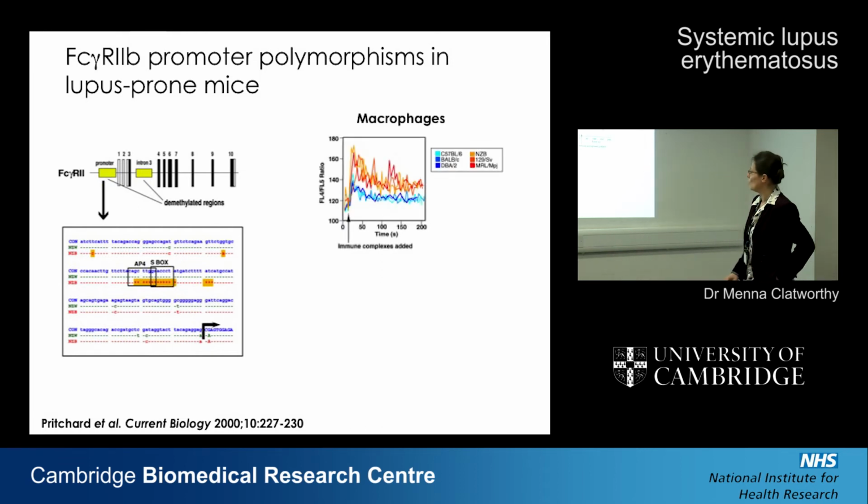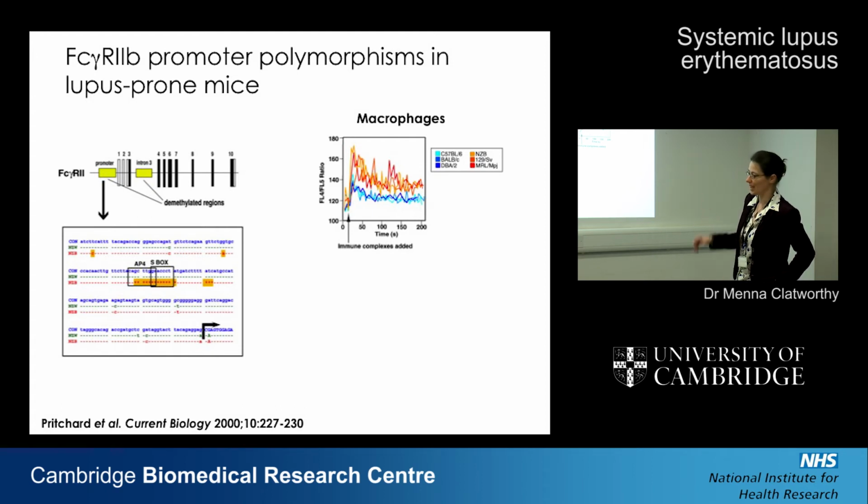And this was Nick Pritchard, who was in the lab when I came into the lab. He found that if you took various inbred strains of mouse that get autoimmunity, including the BXSB mouse but also the NZBW mouse, and you stimulated their macrophages with immune complexes, the ones that had this deletion in the promoter had a more active response to immune complexes.